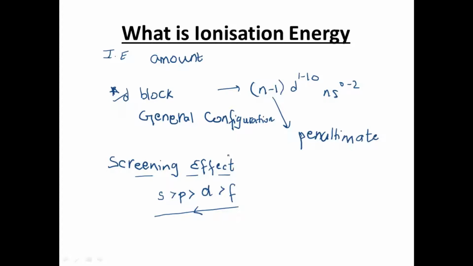Now, before moving ahead with the ionization energy concept, let me tell you about the 3d series trend of atomic size. I give you an abbreviation for the 3d series elements, the first transition series: scandium, titanium, vanadium, chromium, manganese, iron, cobalt, nickel, copper, zinc.